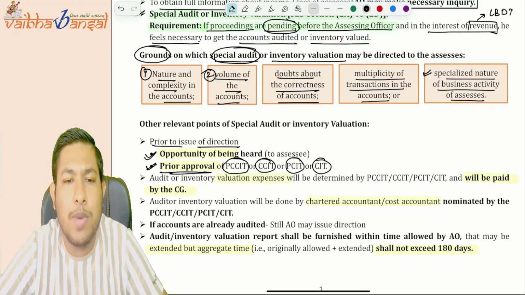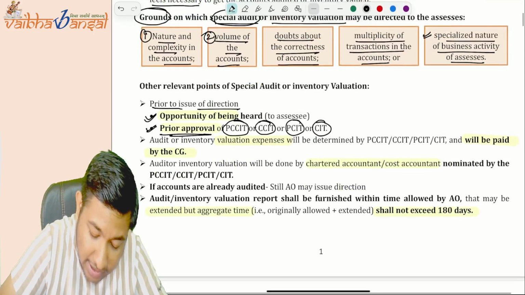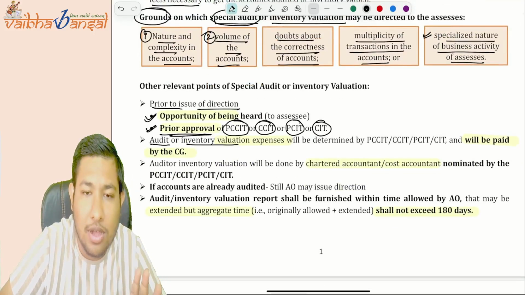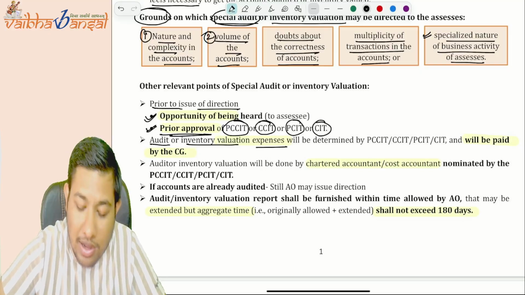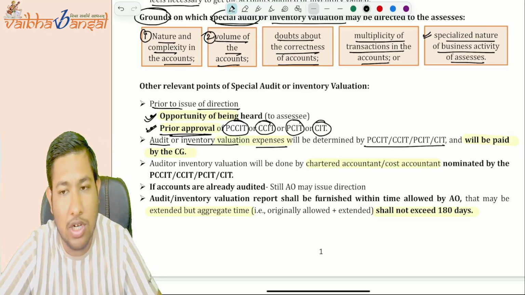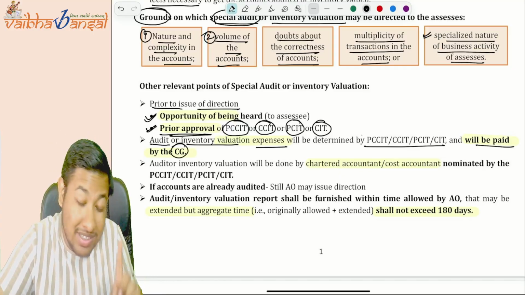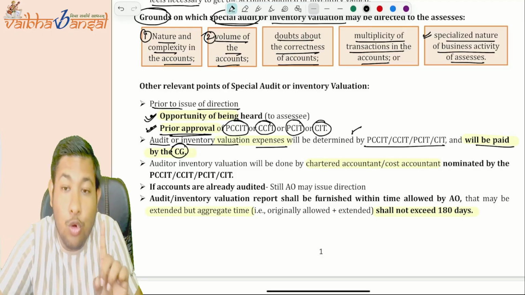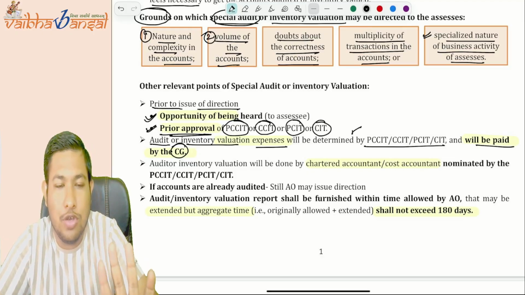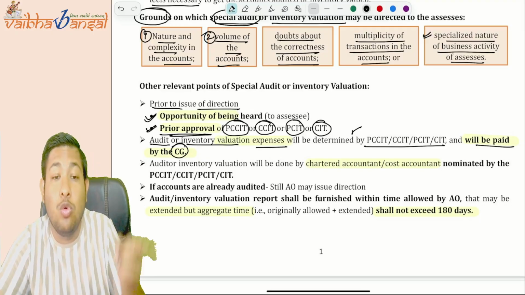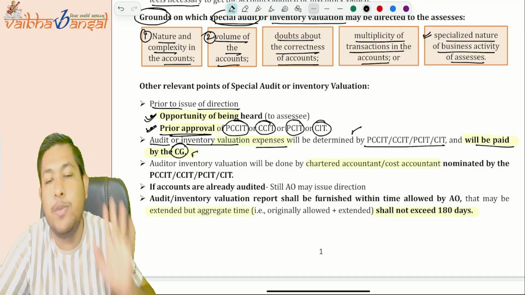Definitely the department will pay it. So what they are saying is that the expenses of the audit or inventory valuation will be determined by these authorities and paid by whom? The central government. Who will determine it? Authorities of the income tax will determine it. But who will pay? The central government will pay.